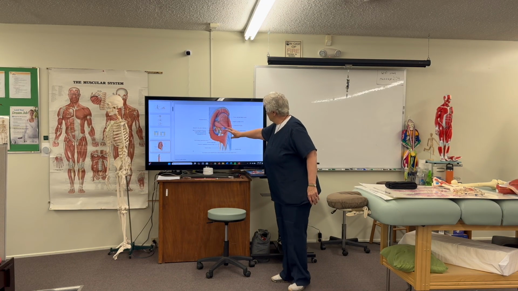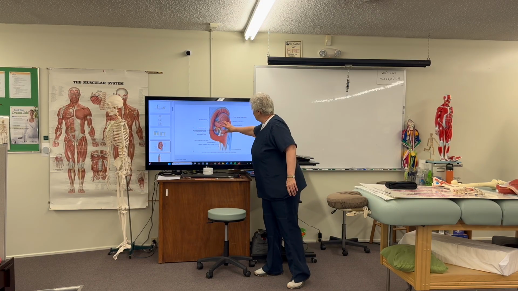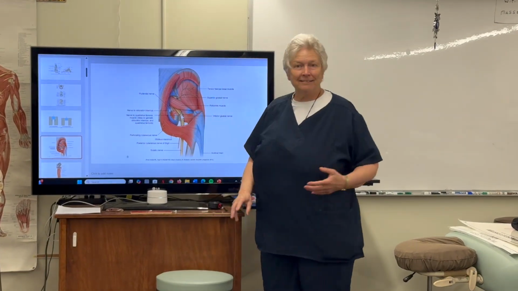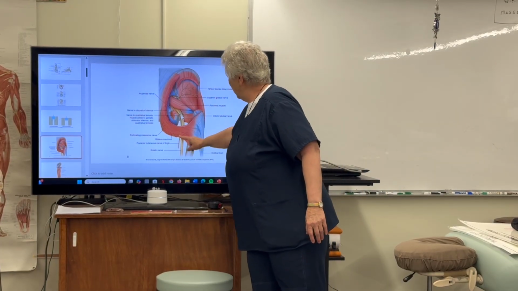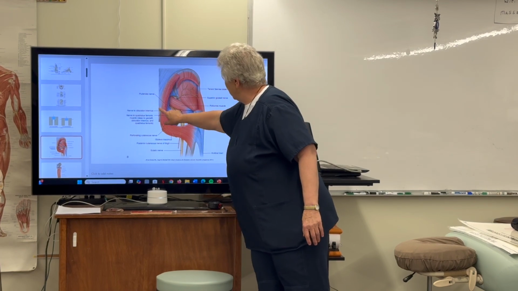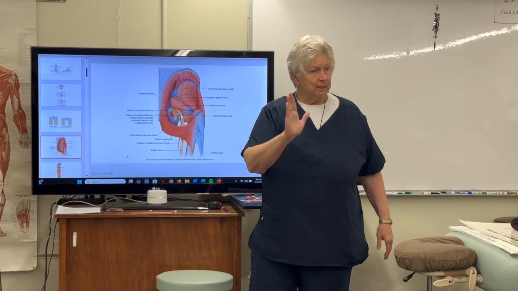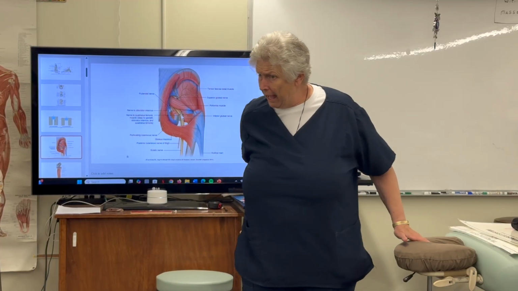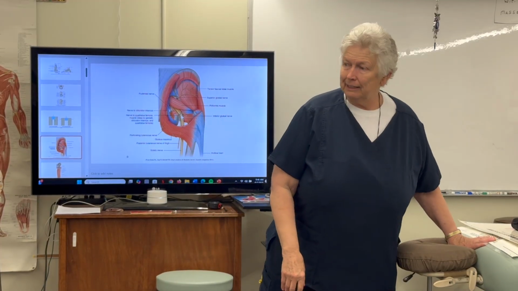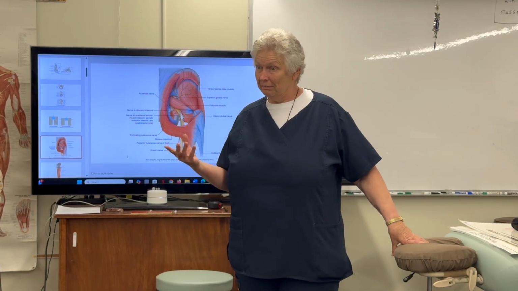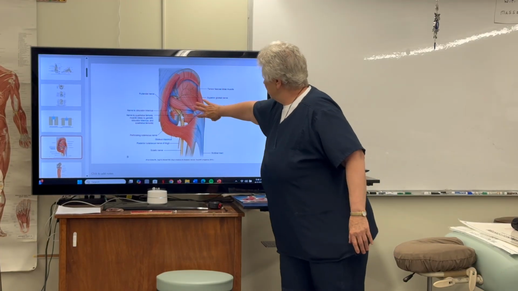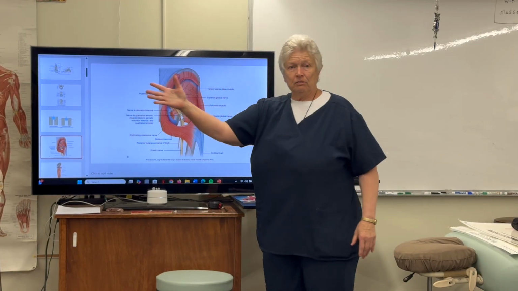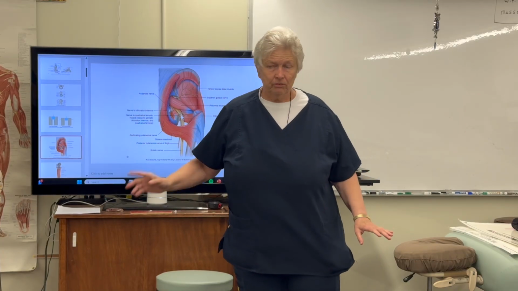So the direction that the fibers of the muscle go kind of tells you what it does. These go on a diagonal here, but this part has a little bit more of an up and down to it. And it's on the back, so it's probably involved with extension and some rotation. This group in here tends to go horizontal, so it's a spinner along with holding it in place.